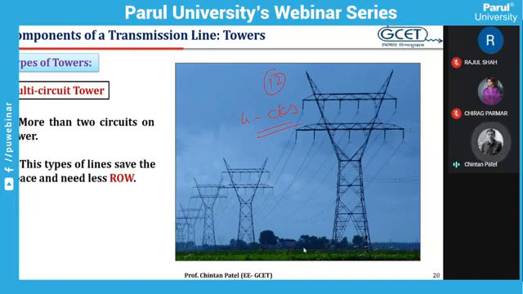So they can carry even more power, and as a result, this type of transmission line saves space requirement and ROW. ROW means right of way. This type of lines and towers are mainly used in metro cities where the cost of land is very, very high.